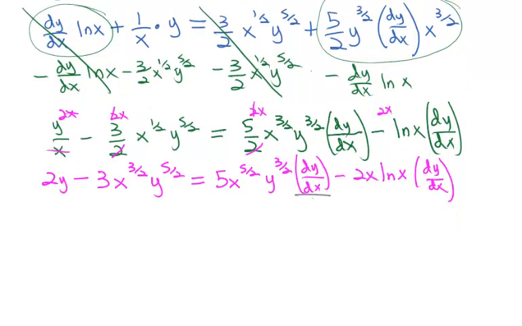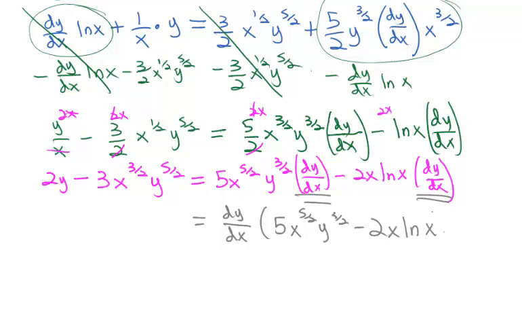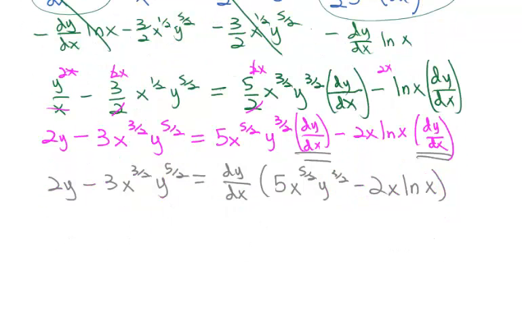Now that we took care of the fractions, we're back into the dy/dx business. They're all on one side, so let's factor it out. dy/dx times 5x to the 5/2 y to the 3/2 minus 2x natural log of x. The other side is still the same, 2y minus 3x to the 3/2 y to the 5/2, and we finish it up by dividing both sides by that factor.